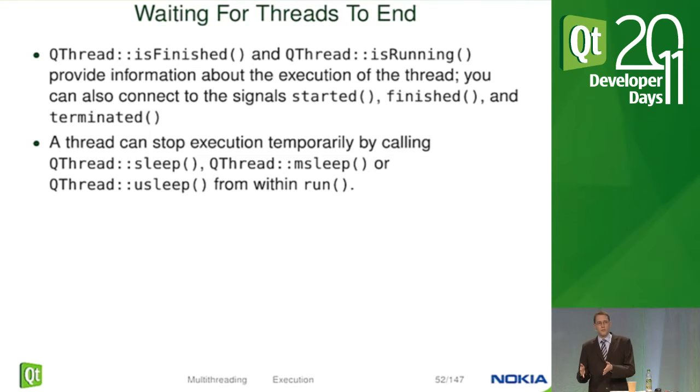The task that's running is in the second thread, so that might finish at any time. So you might prefer the signals over polling the isRunning or isFinished methods. And there are also methods to pause a thread without pausing the entire process, putting it to sleep if you need that for some reason.